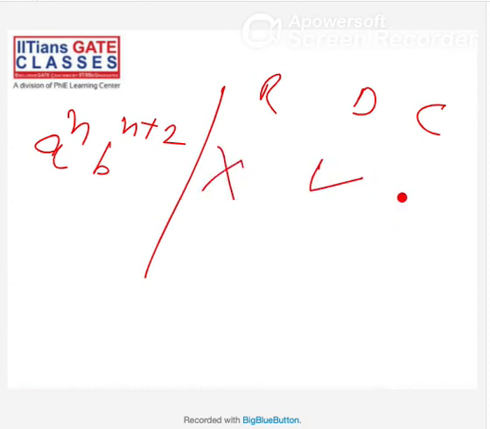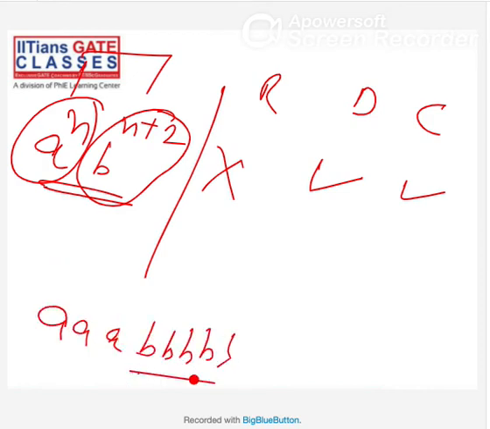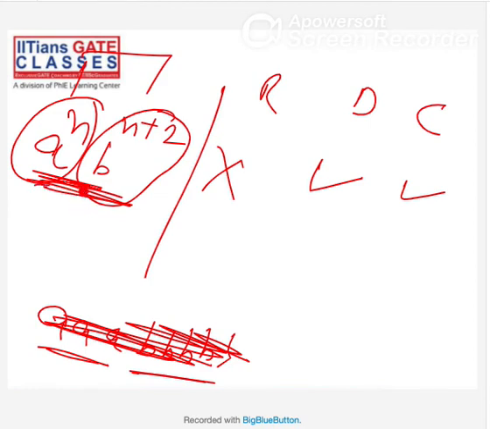This is DCFL and this is a CFL. First of all, this is not regular. Why? Because unlimited counting is there. You need to count the number of A's and match them with the number of B's. The number of B's should be 2 more than the number of A's. For example, if the number of A's is 3, then the number of B's should be 5. So there is a comparison here, and because you have this unlimited comparison, this is not regular.